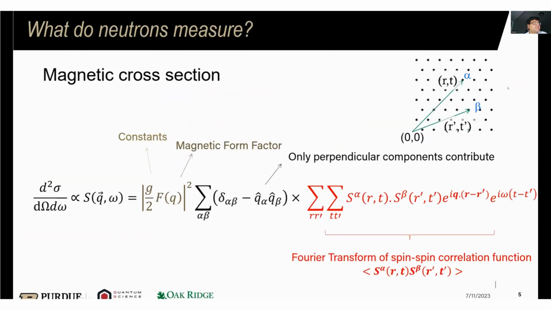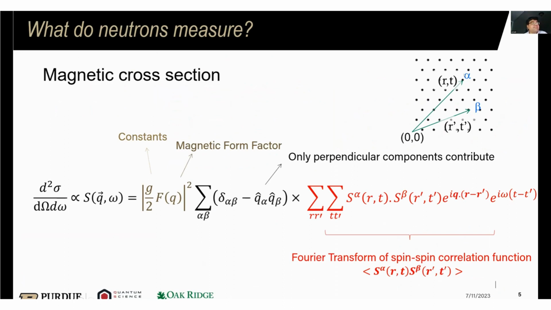So let's try to understand what exactly we get when we do this spectroscopy, or when we measure these materials. What we finally measure is something called the magnetic scattering cross-section. The reason why I'm saying it is because it is going to come up again and again in the talk that I'm presenting.